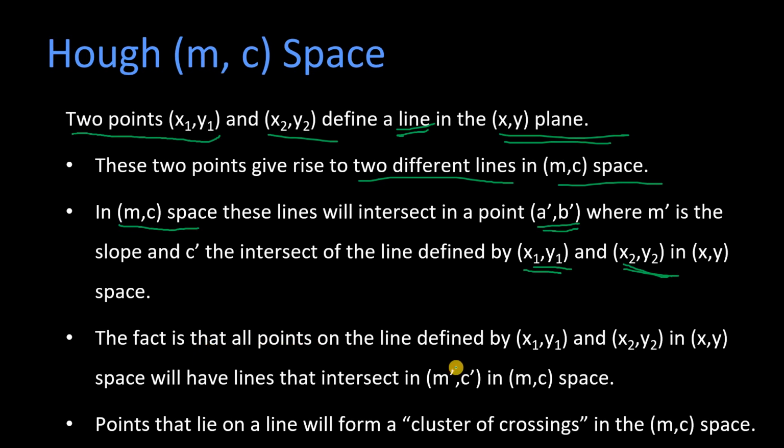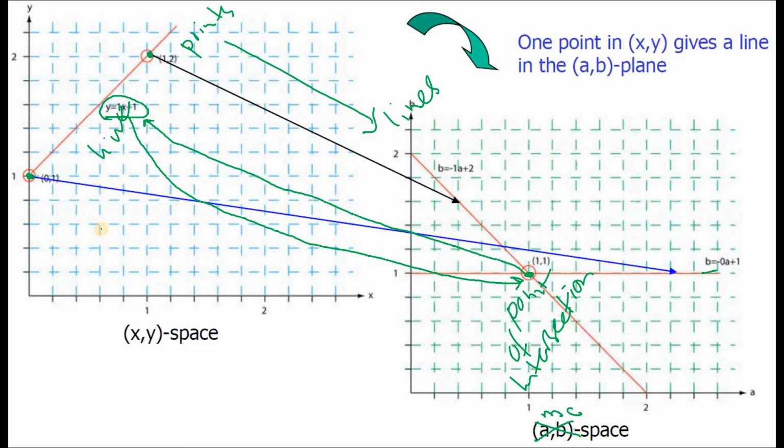The fact that is very important is that all the points on the line defined by x1, y1 and x2, y2 in this xy space will have lines that intersect at this location in the MC space. So all the points that occur on this line, all of them will be represented by different lines, and all of those lines must pass through this point of intersection.